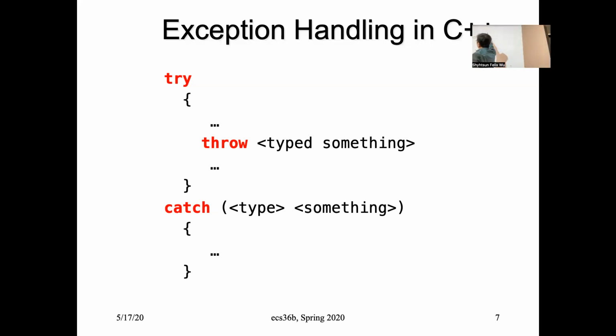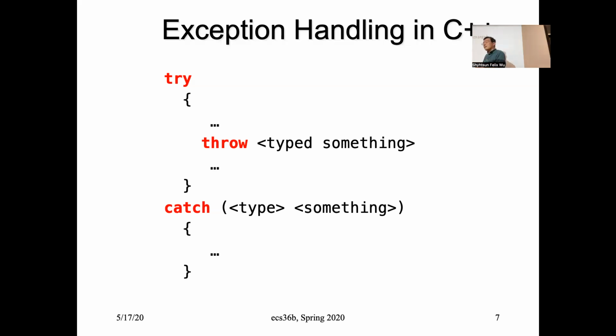So when you throw it, the catch has to have a type that either matches that type, or is polymorphic to that type. That is, either it is exactly my type, or that particular type is derived from my class.